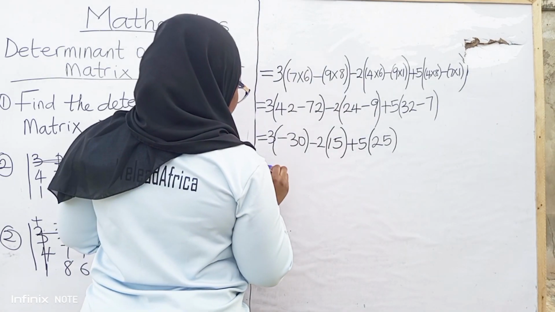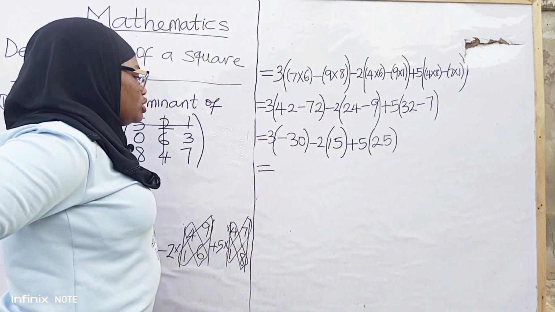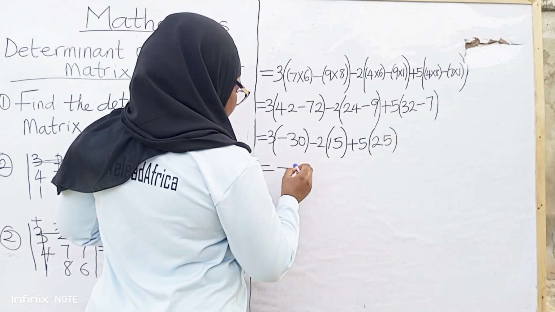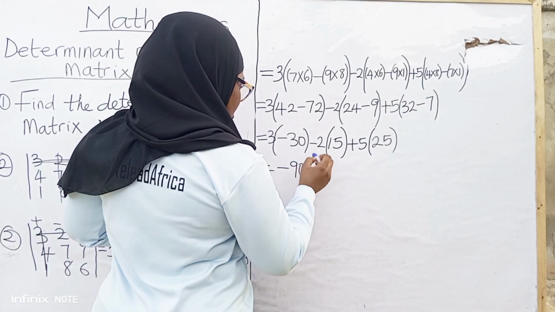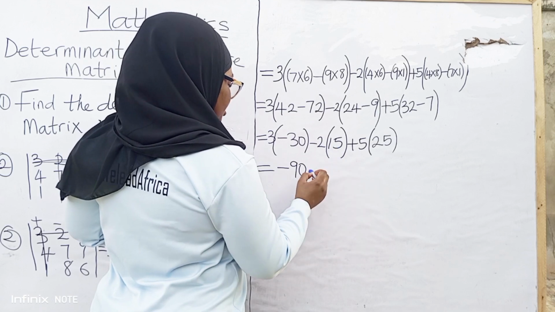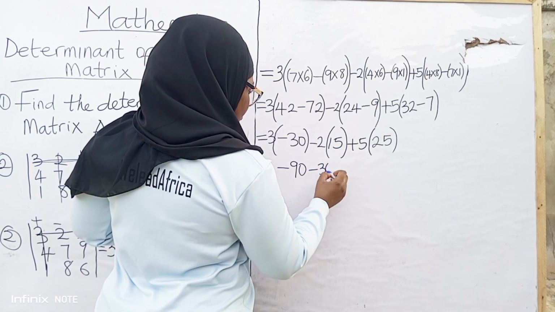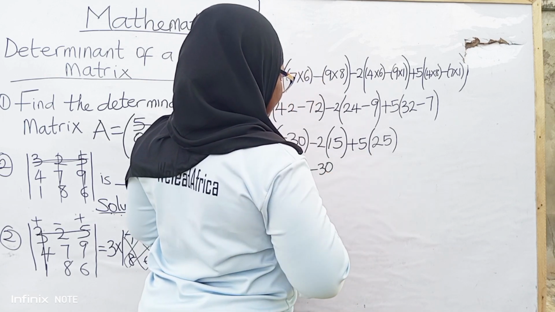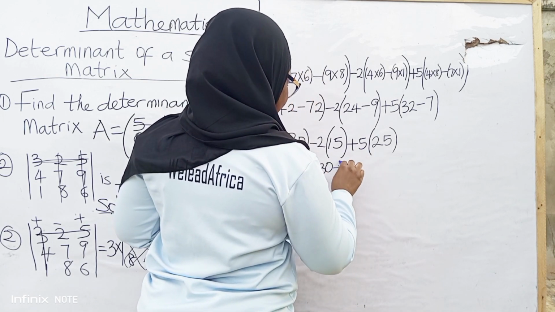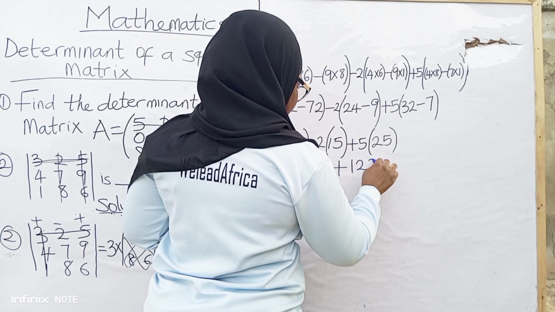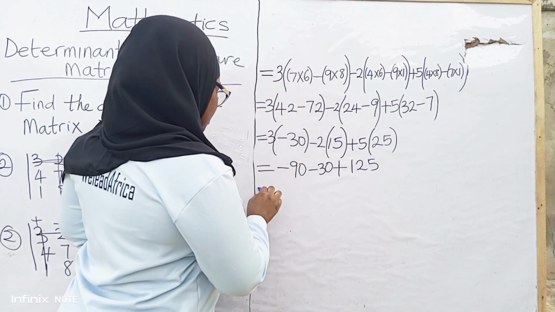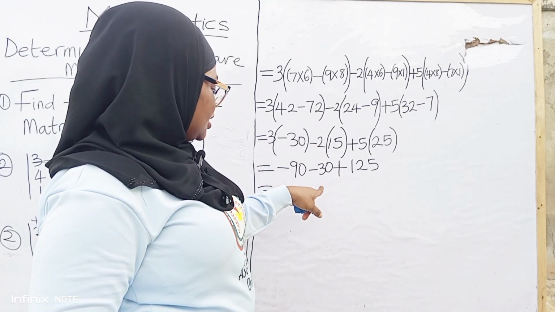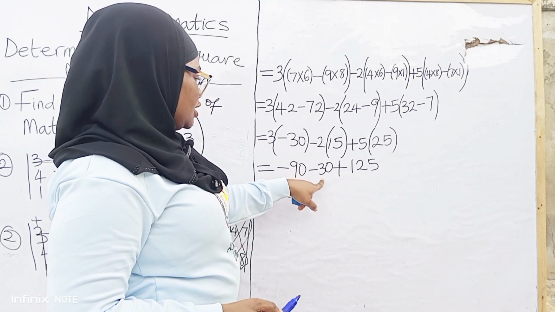Is equal to 3 multiplied by minus 30, that is minus 90. Minus 2 multiplied by 15, minus 30. Plus 5 multiplied by 25 is plus 125. So is equal to minus 90 minus 30, that is minus 120.